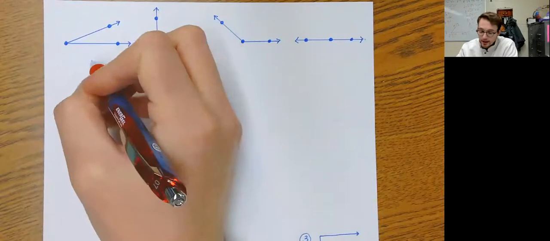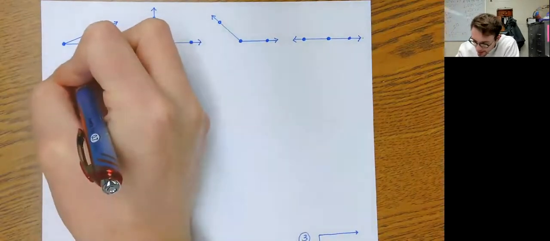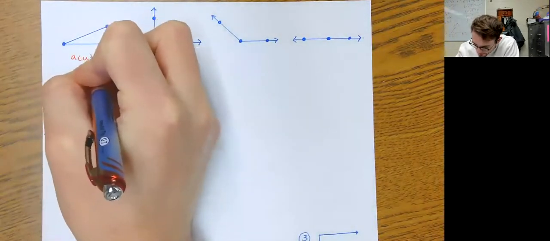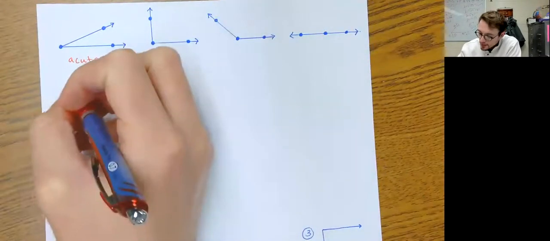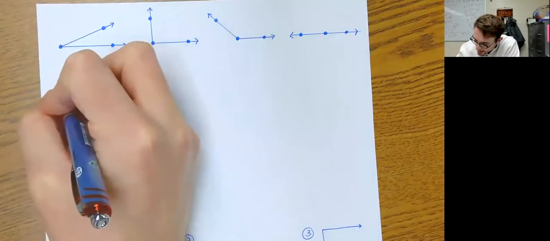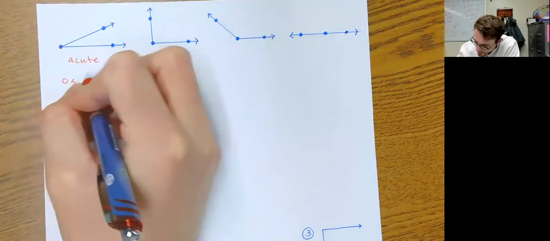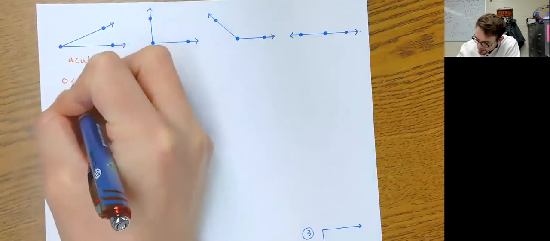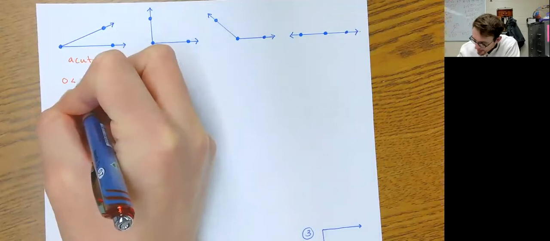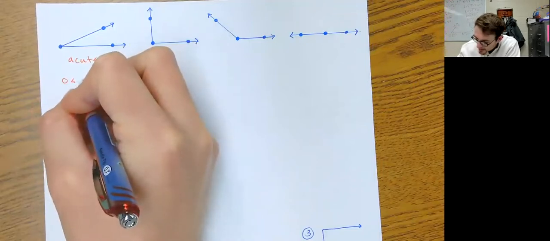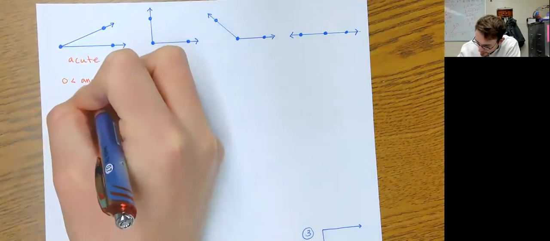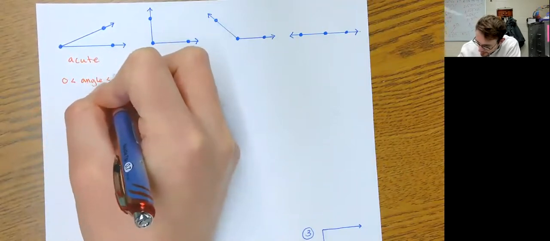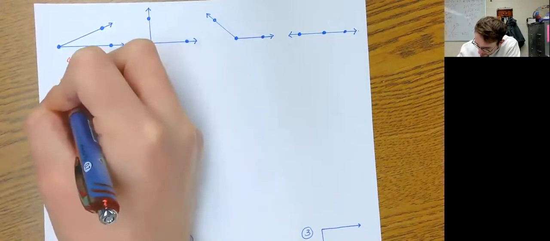So the first type of angle is going to be an acute angle. All right, and an acute angle is going to be between 0, can't have 0 degrees, and 90 degrees.